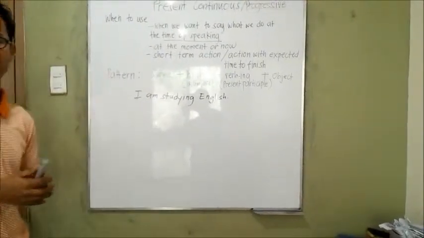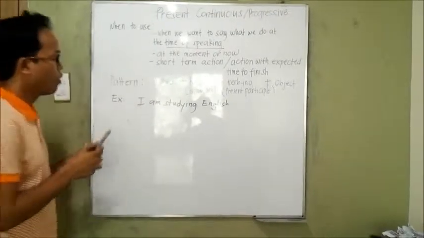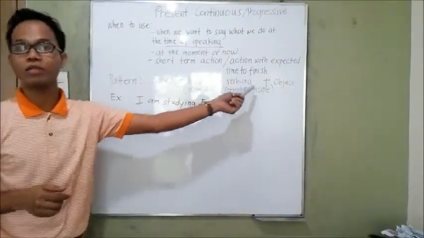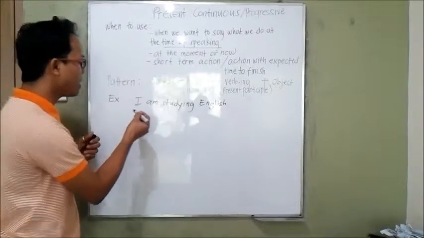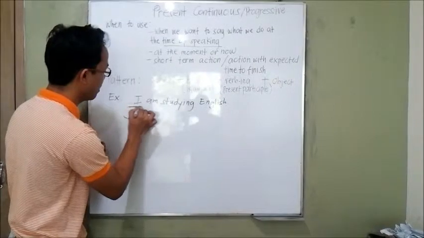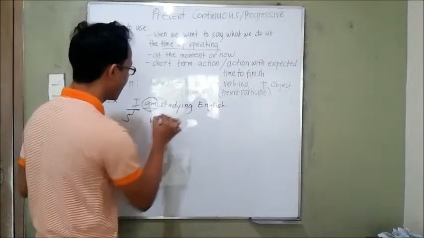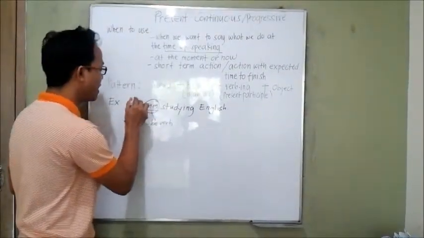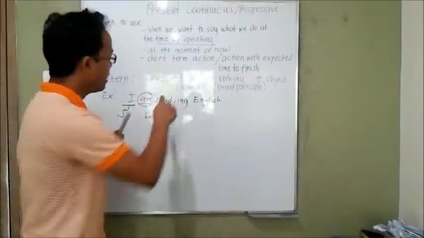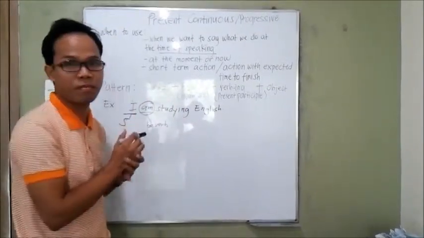Let's take a look at this example. The pattern is subject plus be verb plus verb ing plus object. In this given example, we have I as our subject, am as our be verb. By the way, I is a special subject pronoun. Of all the be verbs, I only uses am.